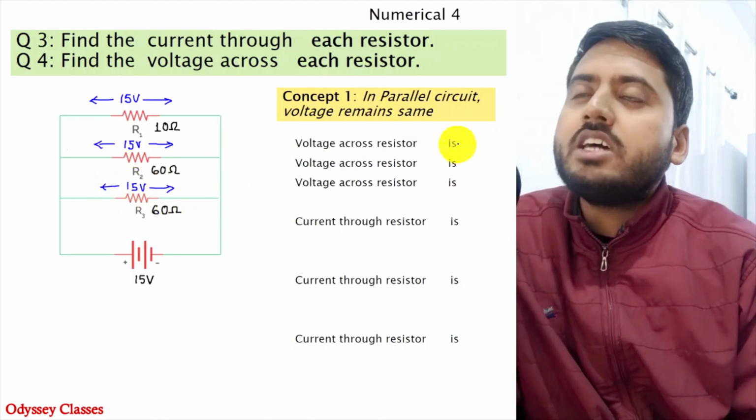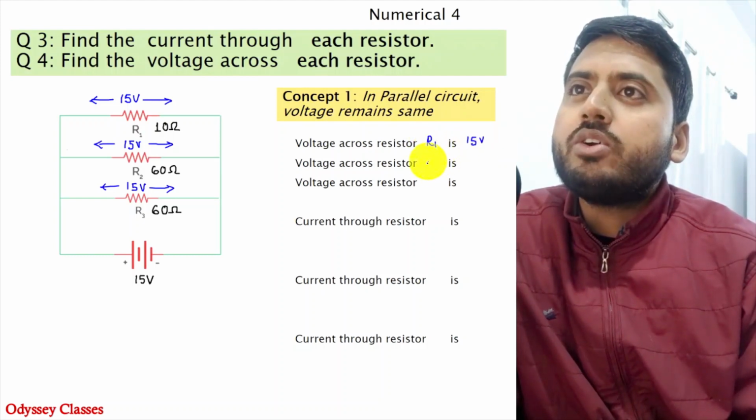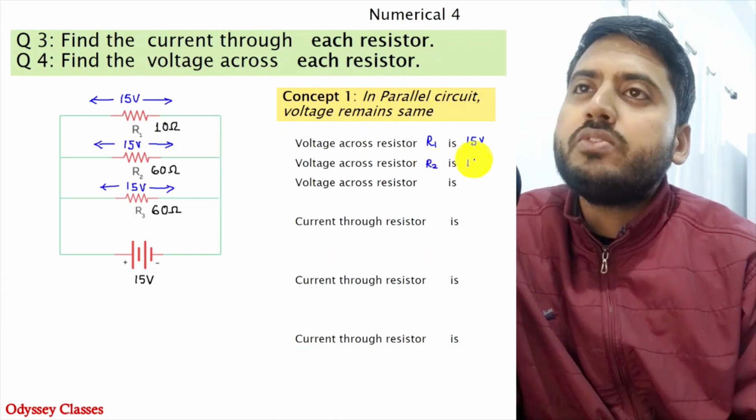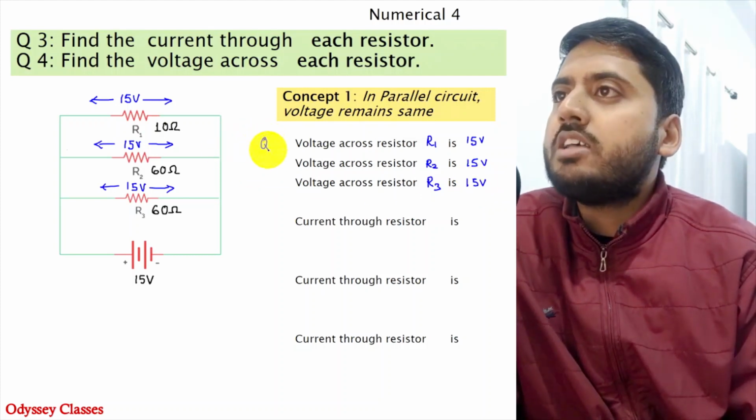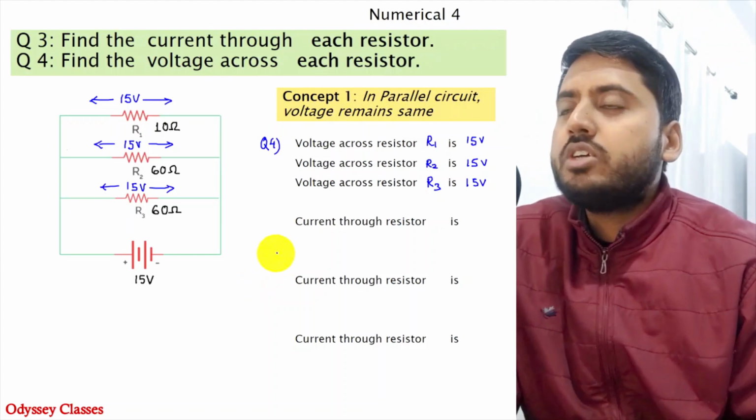So we can write our answer here. Voltage across resistor R1 is 15 volt, across R2 it is 15 volt, and across R3 it is again 15 volt. So this is the answer to question number 4. I hope it is very clear to everybody.